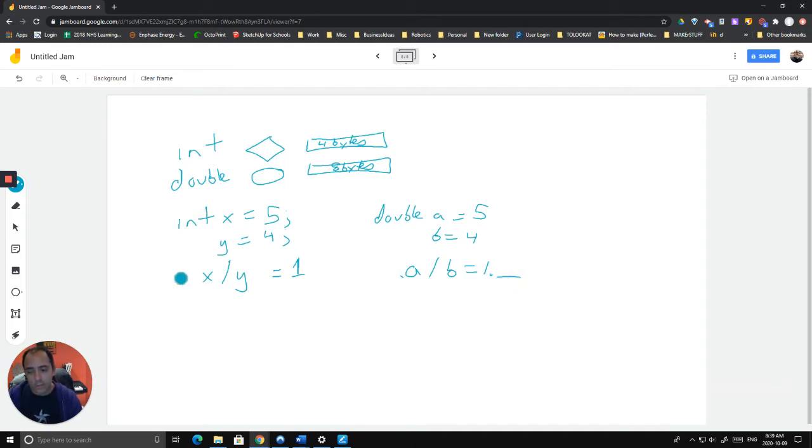When you mix the two, if I were to do x divided by b, as long as some part of the equation is in that larger data type, Java will do the calculation utilizing that larger data type.